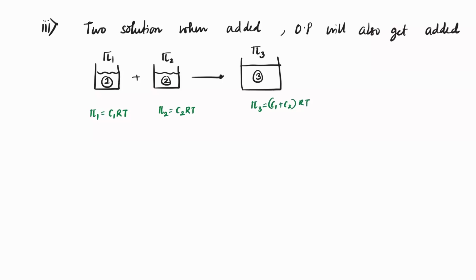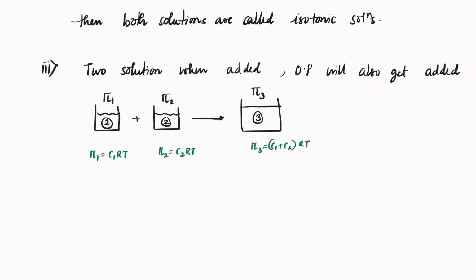Clear, everybody? This is how we can add both of them, considering their concentrations, since the volume terms are similar here. In case the volume is changing, you will use the volume term accordingly and figure out pi 3. Got it?